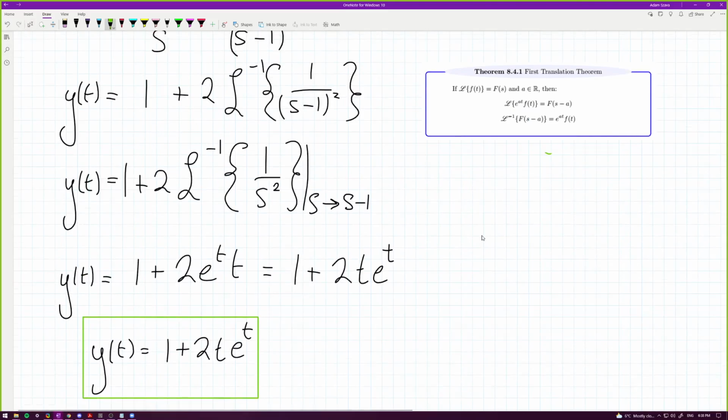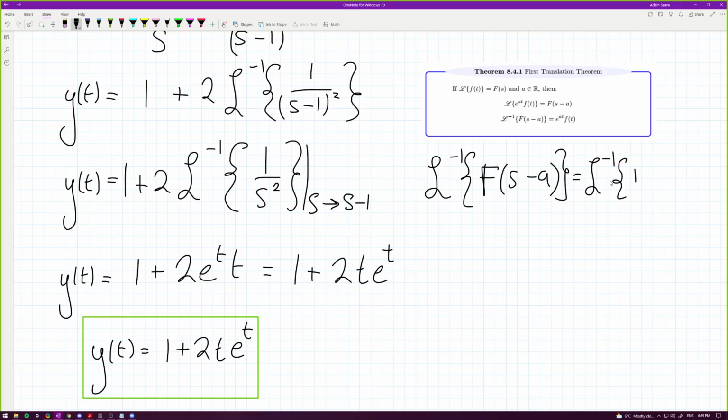Well, notice here we have e to the at f of s minus a, right? So it's not e to the t minus a up here. Let me write it a little bit bigger so you can actually see properly. So the Laplace inverse of f of s minus a, which is sometimes written as the Laplace inverse of f of s where s goes to s minus a, that's what the notation means.